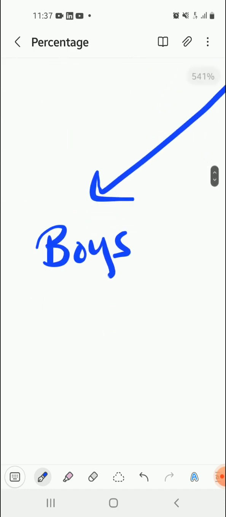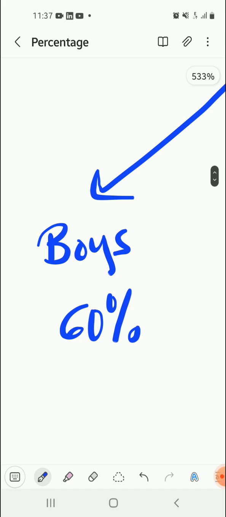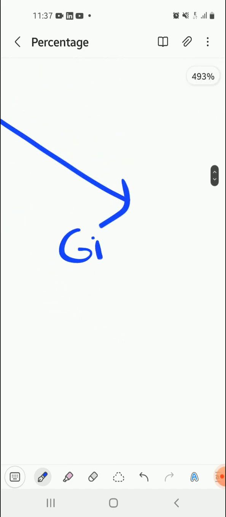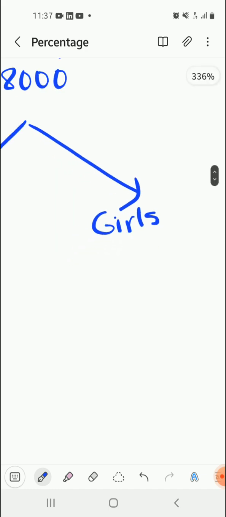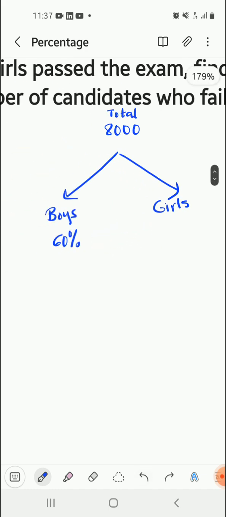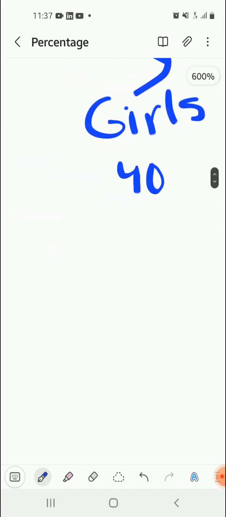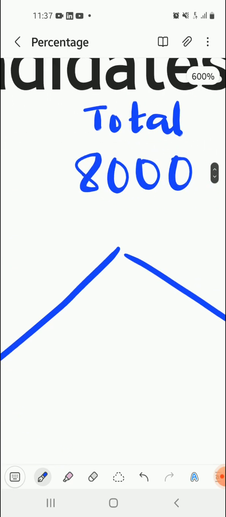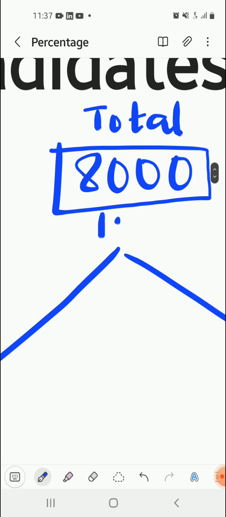So boys are 60%. Therefore, commonsensically, girls will naturally be 100 minus 60, that is 40%. And this 8,000 accounts for the total 100% over here.